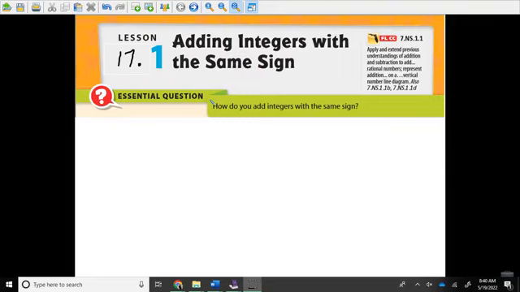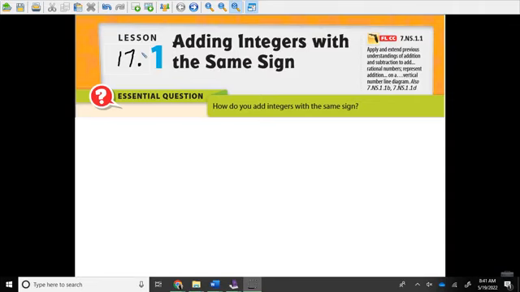So, today we're going to go over lesson 17.1, 2, and 3, all in the same video. Okay? Keep crushing what we're doing. So, 17.1 is adding integers with the same sign. Okay, this is basically adding.